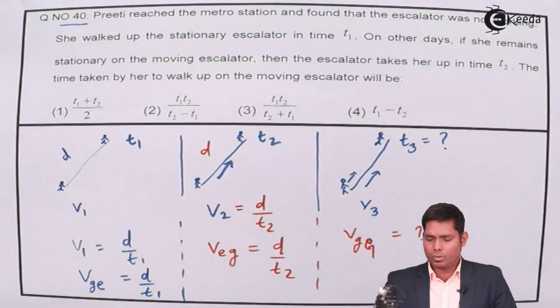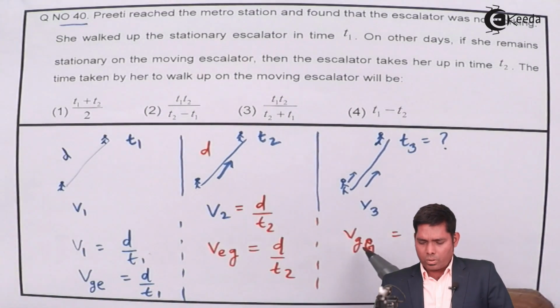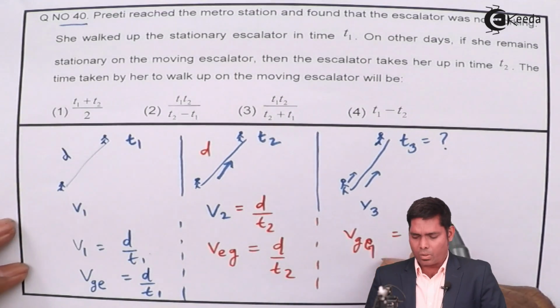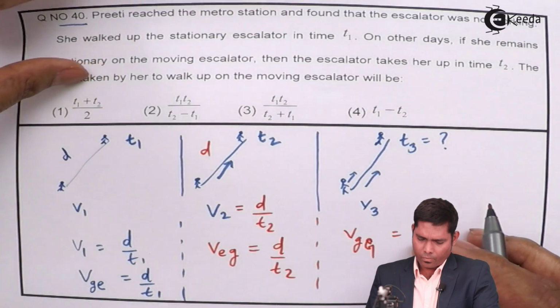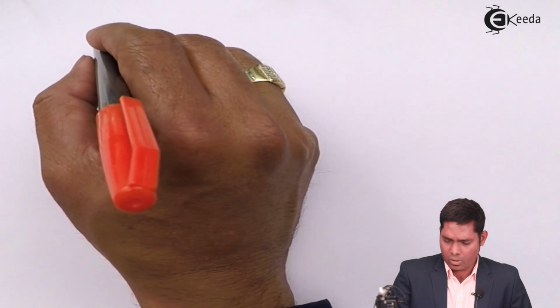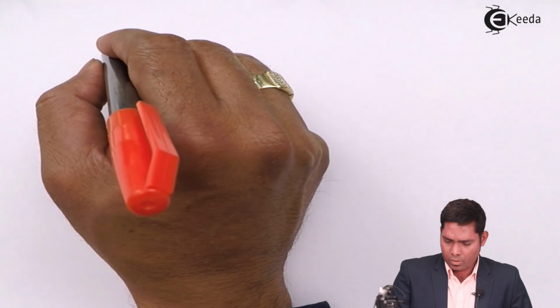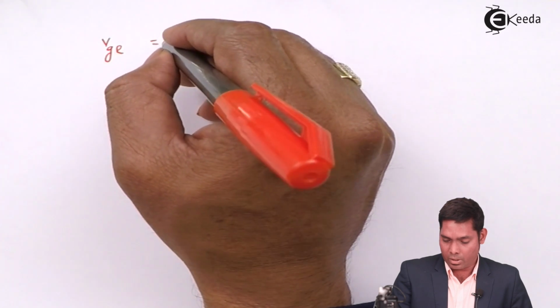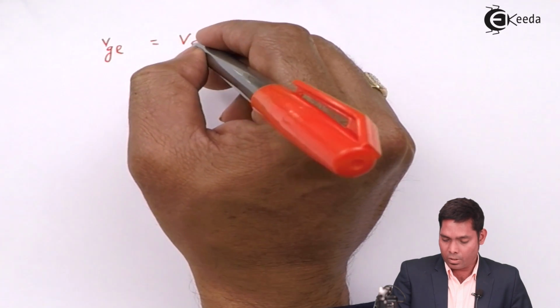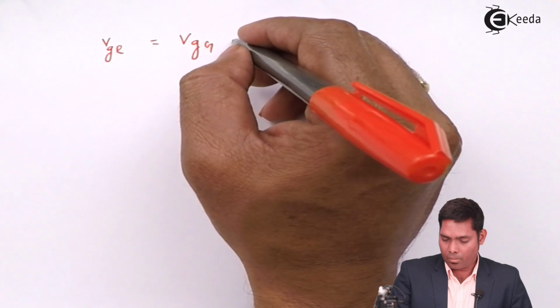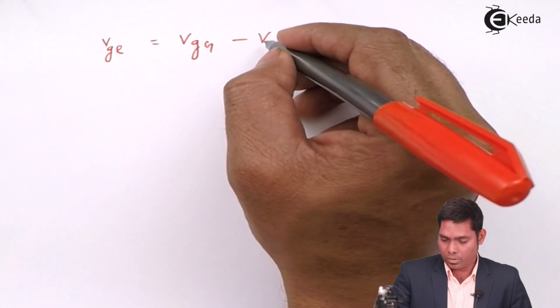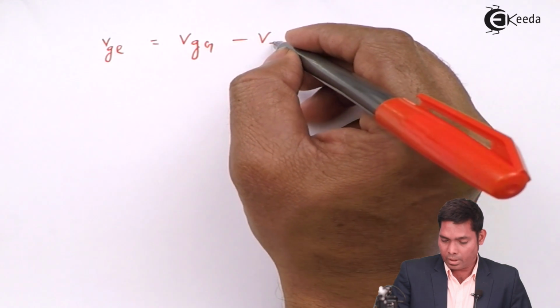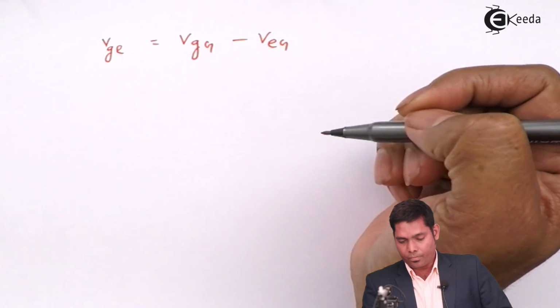We know that velocity of girl with respect to escalator is velocity of girl with respect to ground minus velocity of escalator with respect to ground.